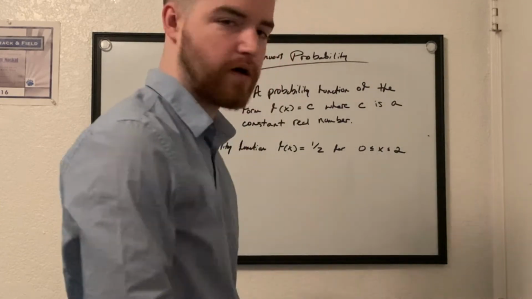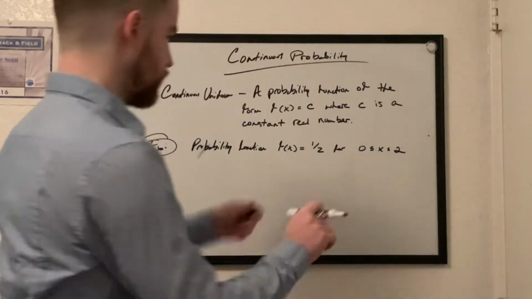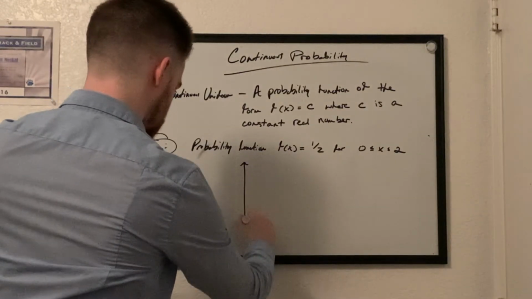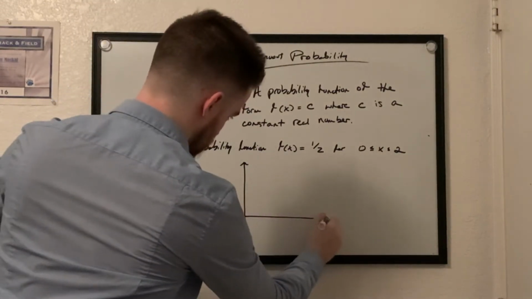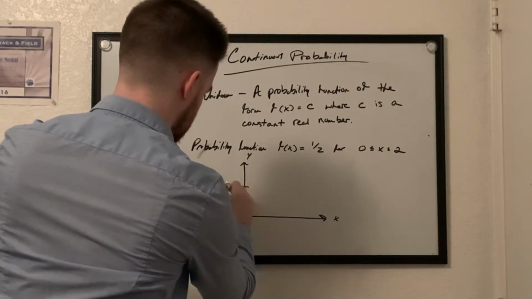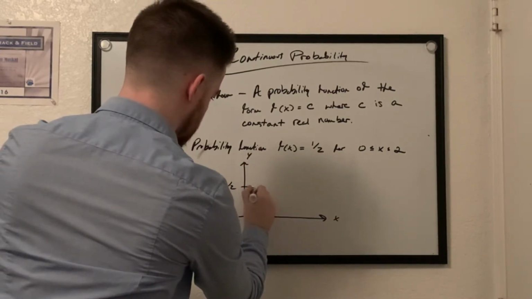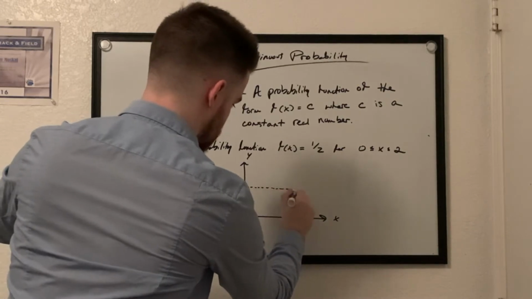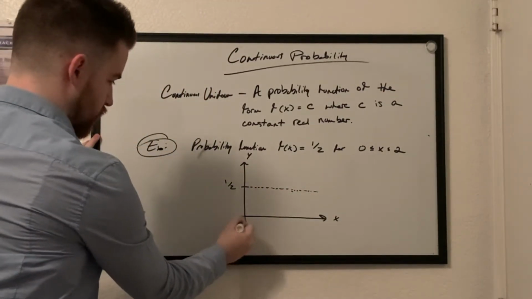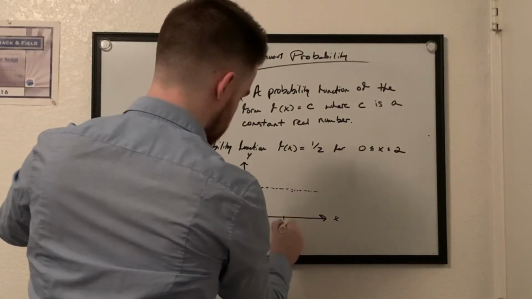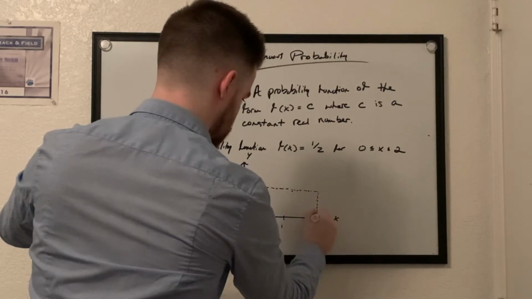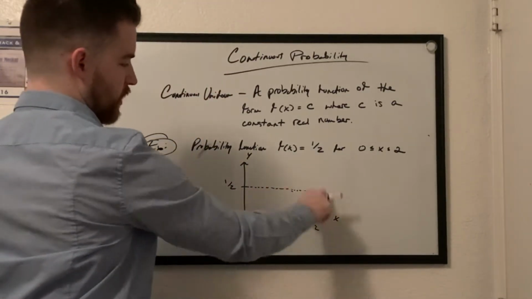Let's go ahead and draw this. Here's our x-axis, here's our y-axis, and here's 1/2. Here's 0, and let's let this be 1 and this be 2. This is the only place that our model exists.